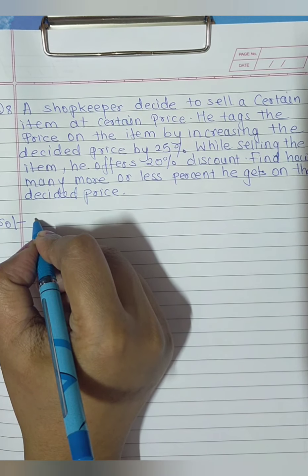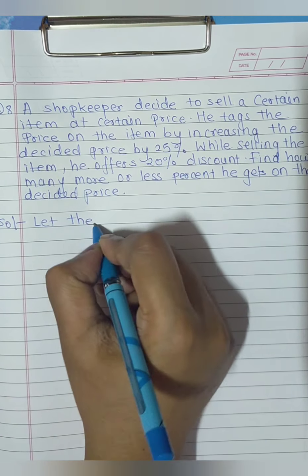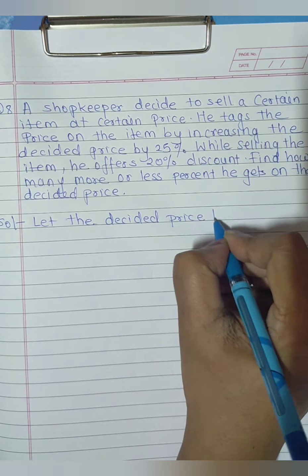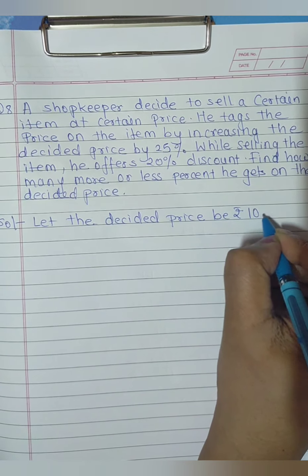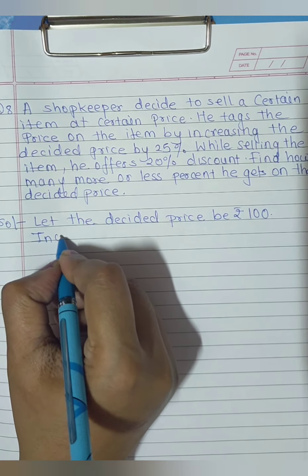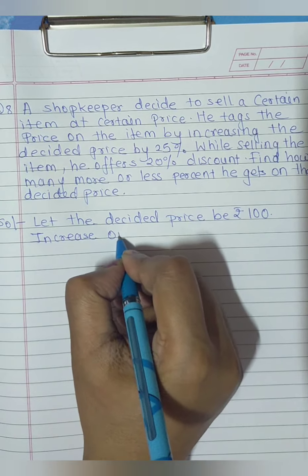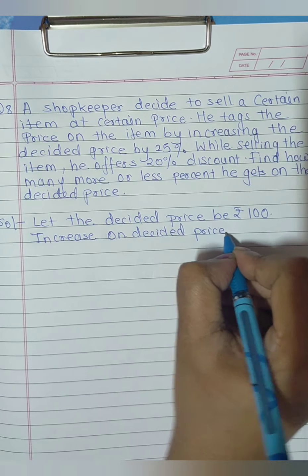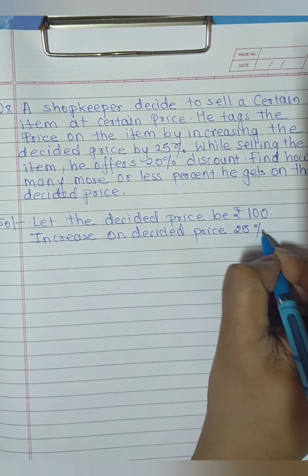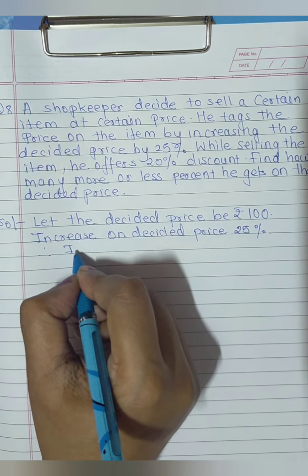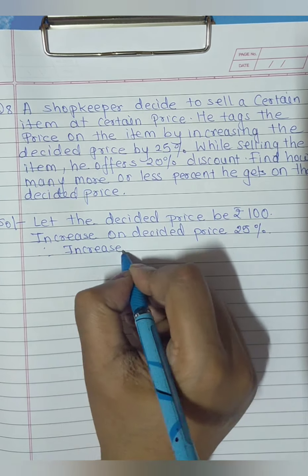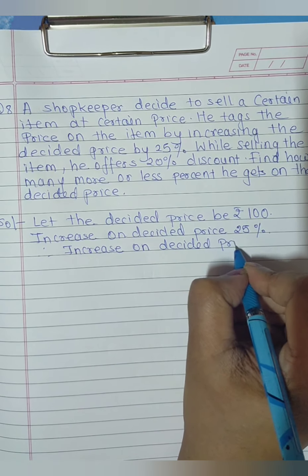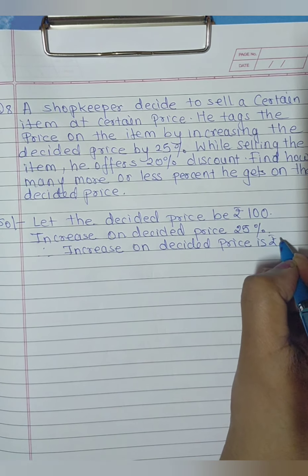So the solution is what? Let the decided price be rupees 100. Increase on decided price is 25%. Therefore, the increase on decided price is rupees 25.